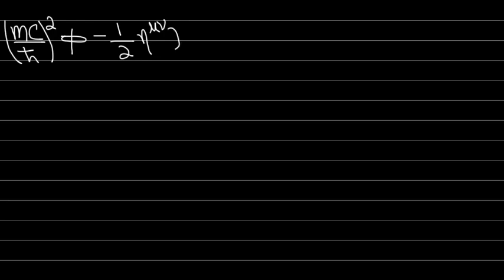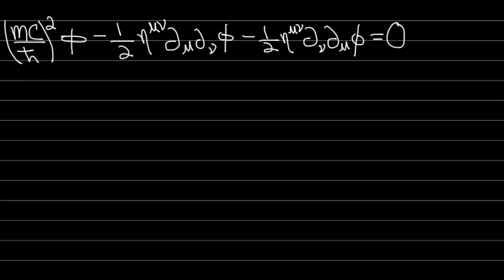So if we go ahead and do that, what we are left with is mc over h bar whole squared phi minus 1 over 2 eta mu nu partial nu phi minus 1 over 2 eta mu nu partial mu phi is equal to 0, right?